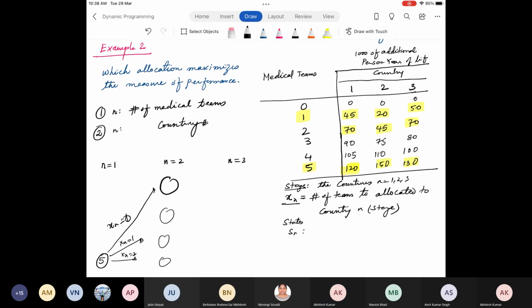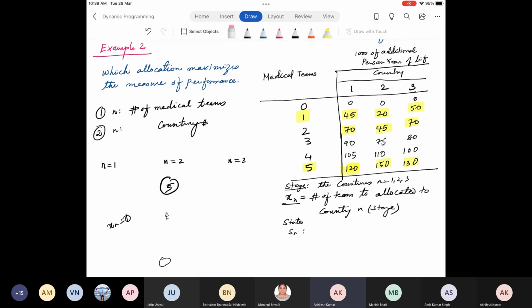I have 5 teams to start with. I'm taking a decision how many teams to allocate based on our recursive relation. What are we left with then? If I allocate 0 teams, how many teams will be available to allocate to country 2? 5. If I have allocated 1, 4, 3, 2, 1 and 0.